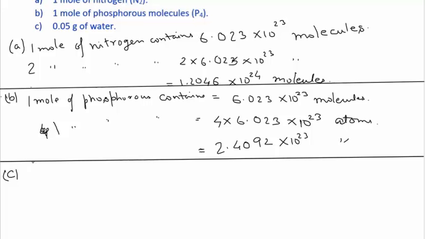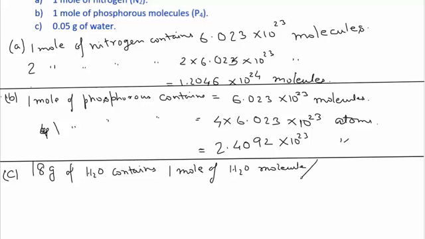So 18 gram of water contains 1 mole of water molecules, or you can also write it as 3 moles of atoms.